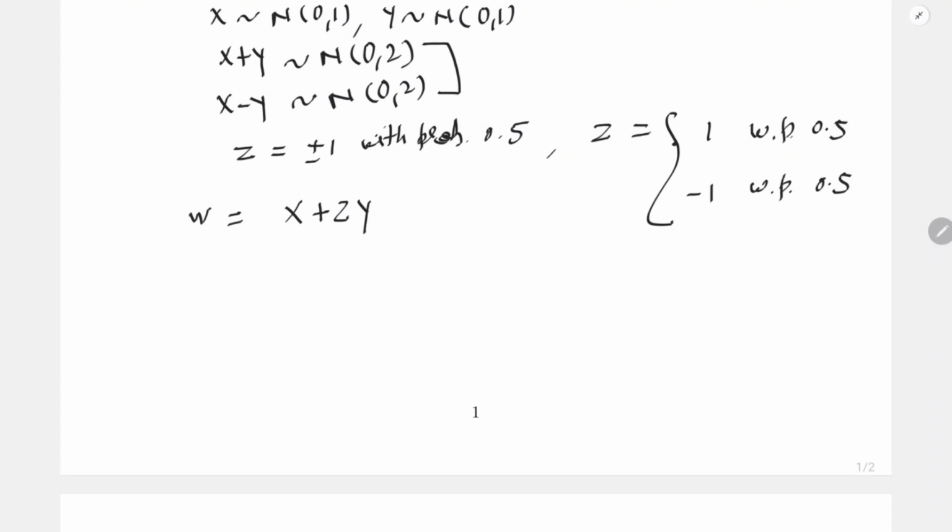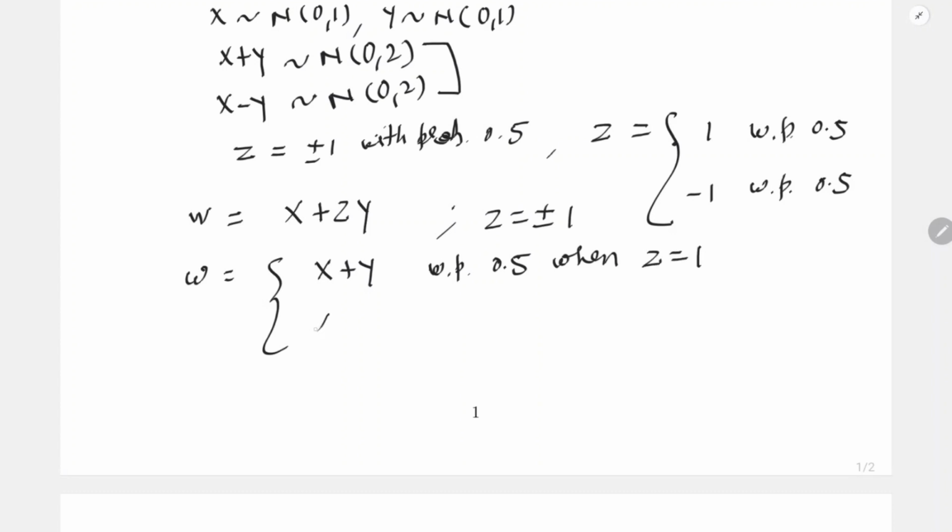What will be the characteristic function of W? Here we know Z equals plus or minus 1. Again we can split this function: X plus Y with probability 0.5 when Z equals 1, and X minus Y with probability 0.5 when Z equals minus 1.